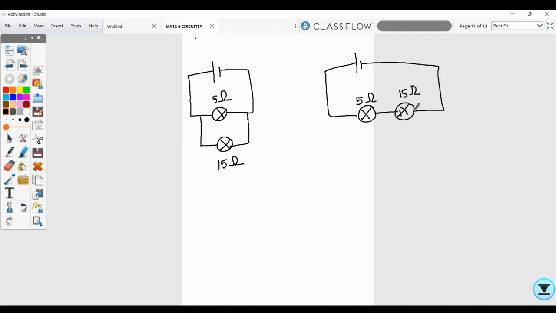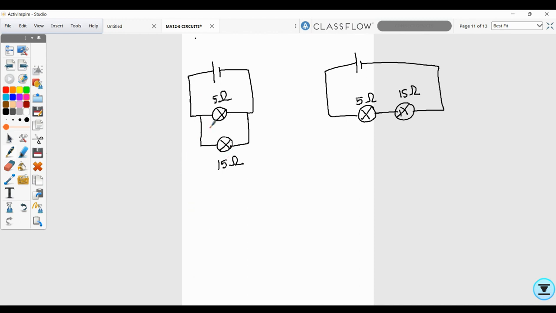They often ask you about brightness and to use an equation to explain which one would be the brightest. For all the explanations, always think about what is constant. In a parallel circuit, what remains constant? The voltage.